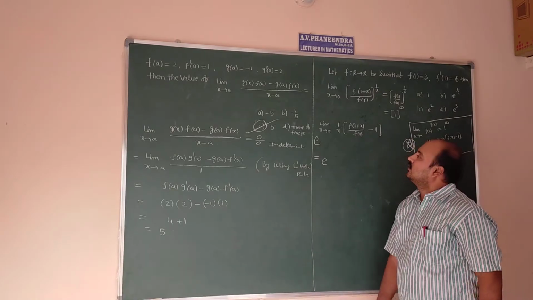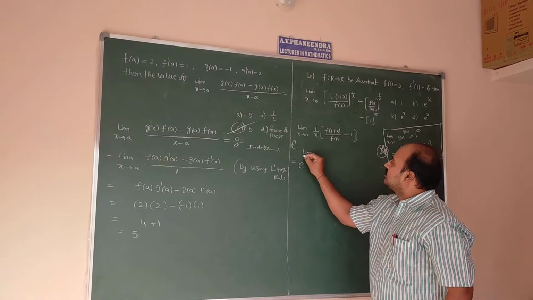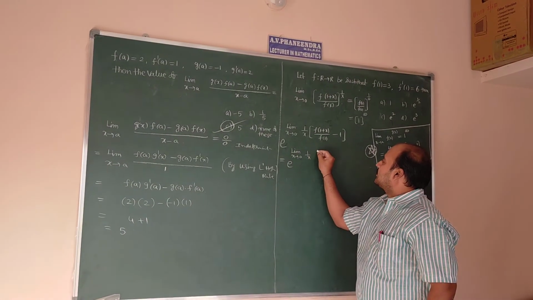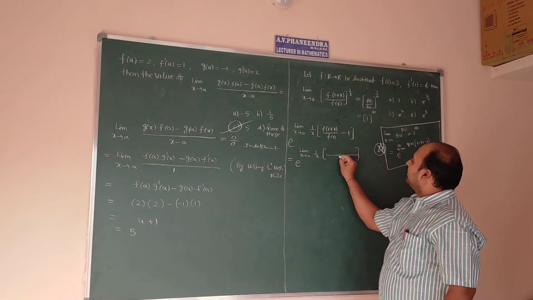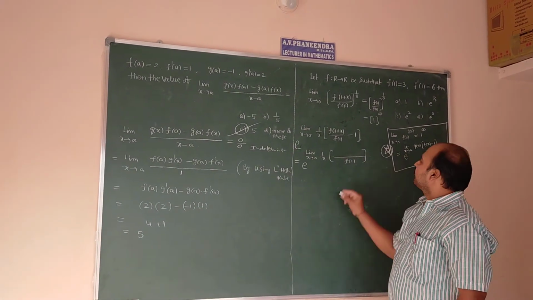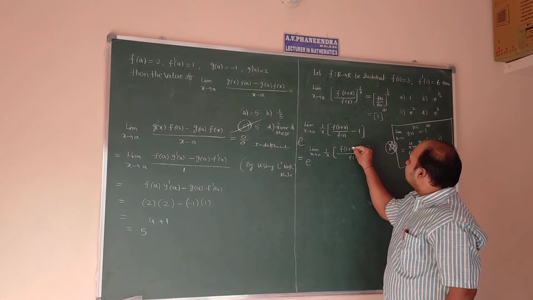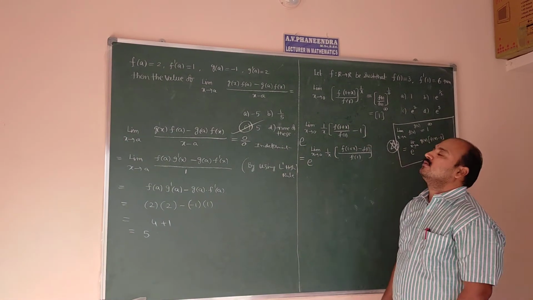Which is equal to e power limit x tends to 0, 1 by x, take LCM, f of 1 is the LCM, f of 1 plus x minus f of 1.